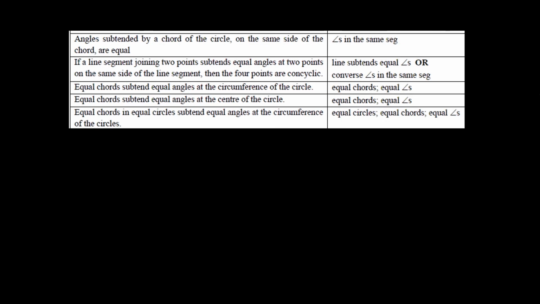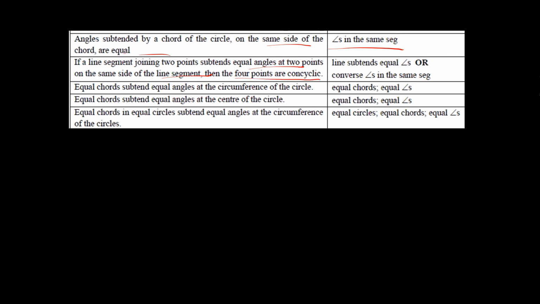All right, and we're coming to an end now of the correct reasonings we should use. If we have angles subtended by a chord being equal on the same side of the chord, that we know commonly as angles in the same segment, and that's an acceptable reasoning. We saw the other one where there was a line segment joining 2 points and subtending equal angles on the same side of the line segment, then those 4 points are cyclic.